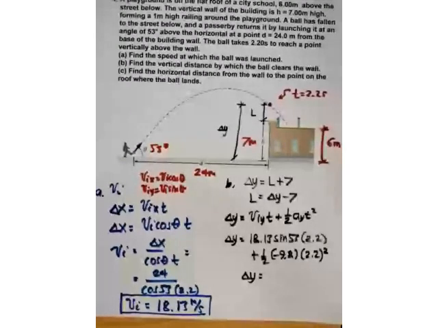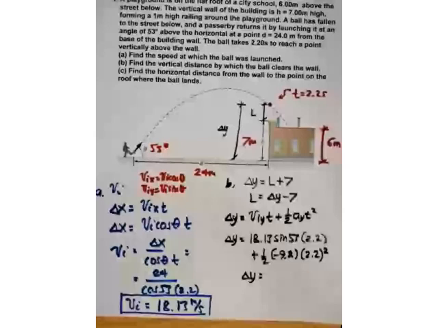Ano siya? Delta y is 7.96. Okay, so it's 8.14.